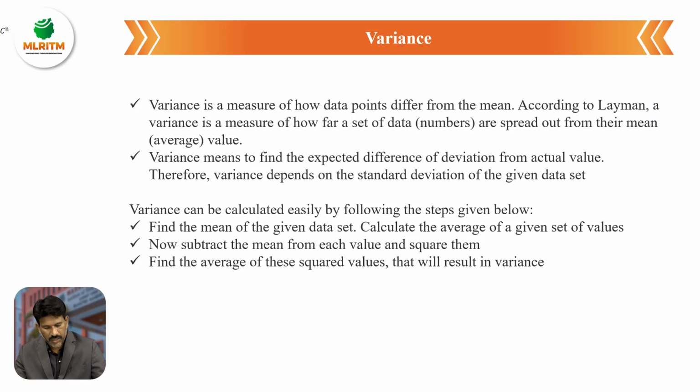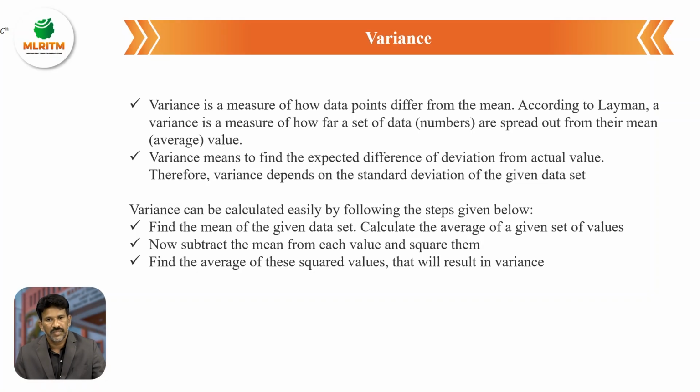What are the steps? We'll see the first one. When we find the variance, first you have to find the mean. The mean is the sum of the observations divided by the number of the observations. So first you have to find the mean as per the given data set.